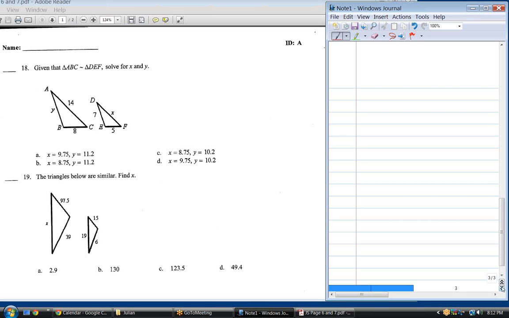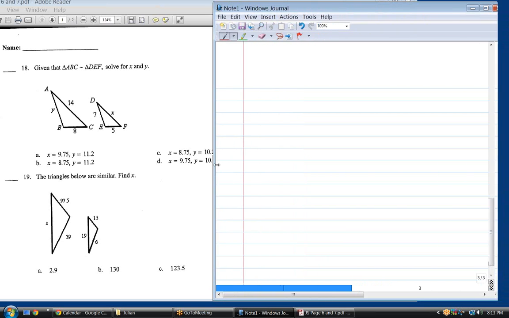All right. ABC is similar to DEF. They're both oriented properly. So how can we solve for X and Y? So the ratios again.